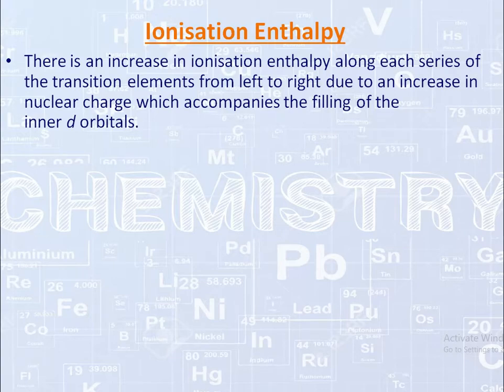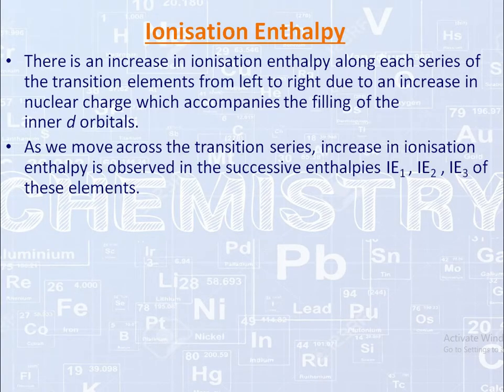We know that the second and third ionization enthalpies are larger than the first, as they involve removal of an electron from a positively charged species. So, as we move across the transition series, an increase in ionization enthalpy is observed in the successive first, second and third ionization enthalpies of these elements.